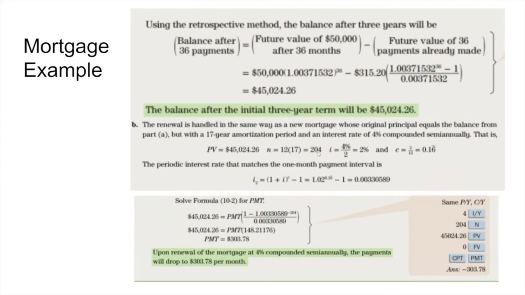So the total number of periods is 204. The interest rate on the new mortgage is 4%, and it's semi-annual. It's 2% per period. We calculate the value of C, which is 2 over 12, 0.16. Get the value of I2. There it is right there. And we can actually plug that into the formula in order to calculate the revised payment.